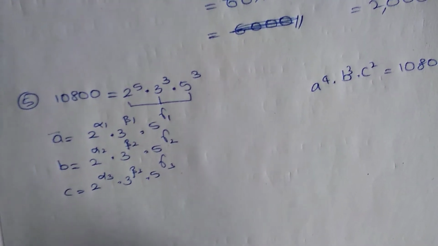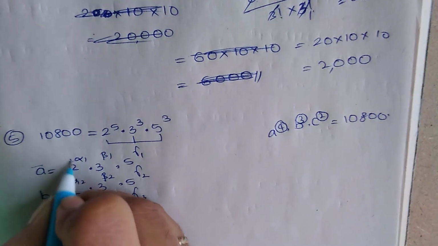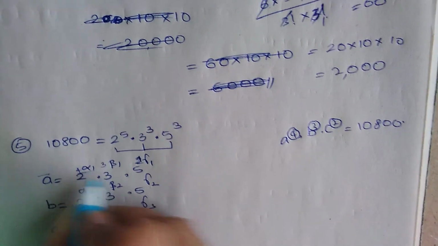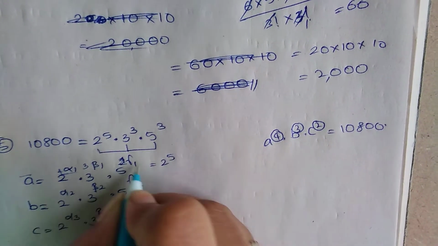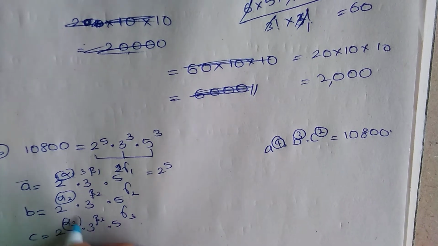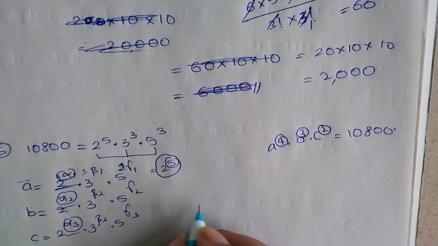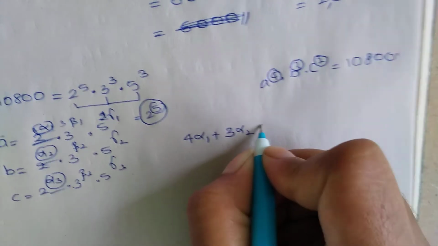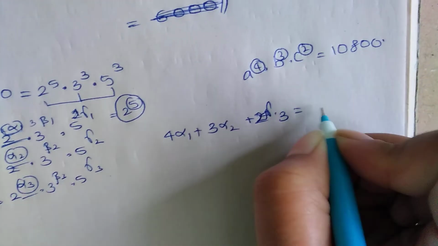Yes or no? Now you see 4, 3 and 2. So you multiply all these, right, in the power. So what do you get? You see here, the powers of 2 will be equal to 2 power 5. Yes or no? Are you all getting it? See, 4 alpha 1 plus 3 alpha 2 plus 2 alpha 3 is equal to 5.